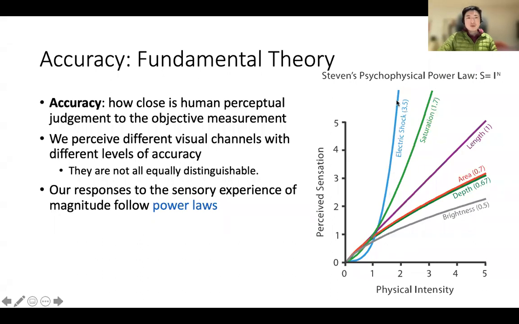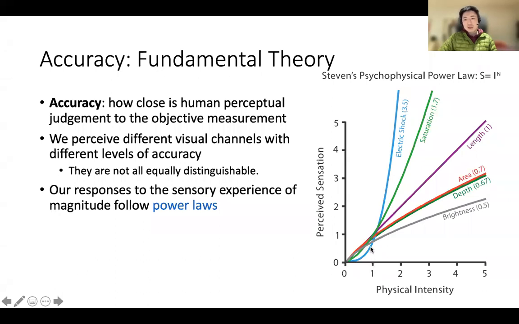And then the last one is called electric shock. So it's not really visualization, it's just included here as an example of extreme overestimation. So if you increase the electric voltage a little bit, for example, from 1 to 1.5, what you feel in terms of how painful that is might jump many times, even though the actual voltage only changed maybe 50%.